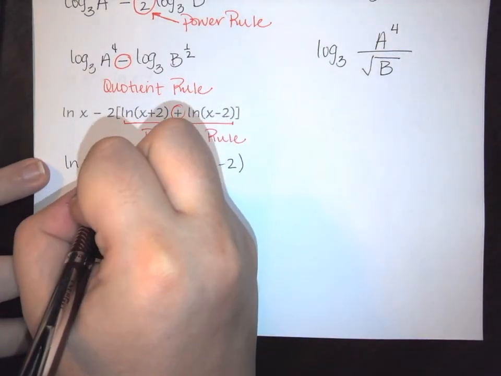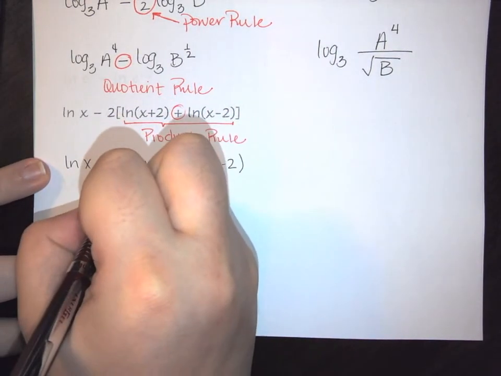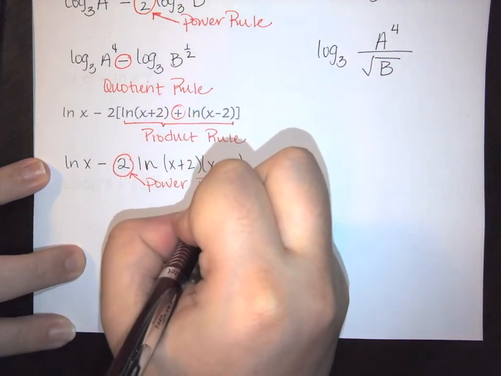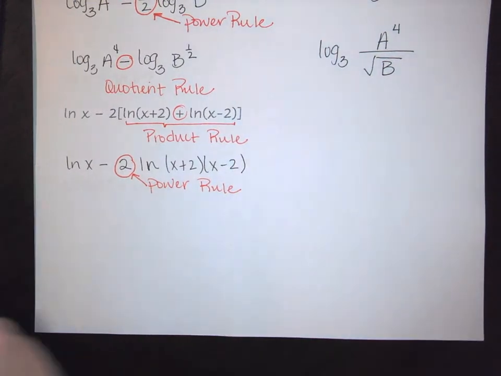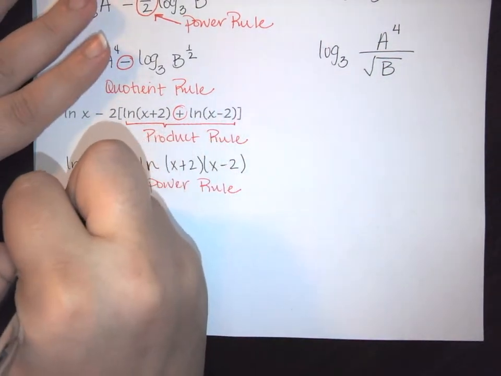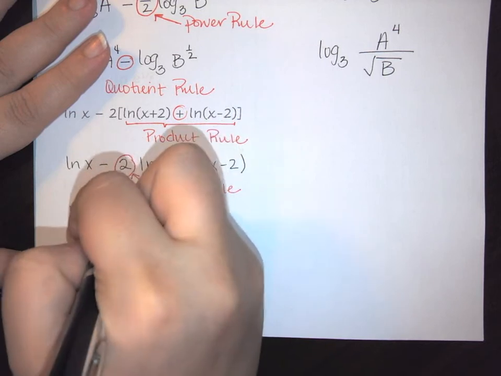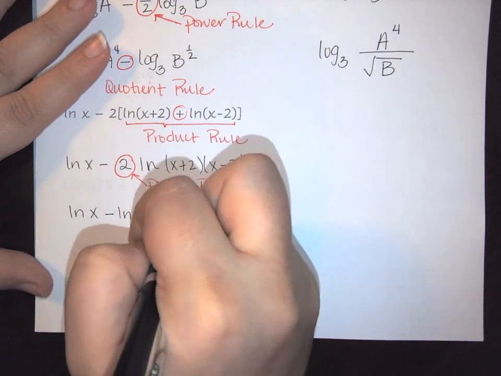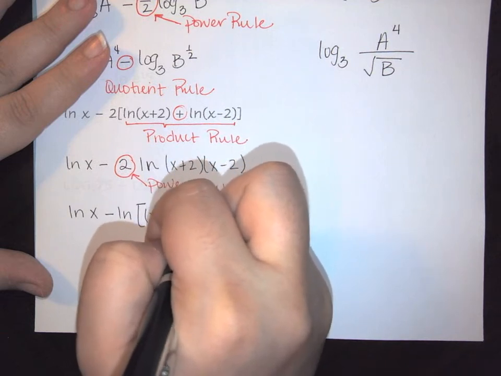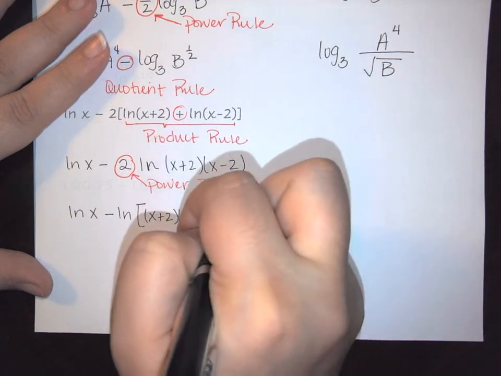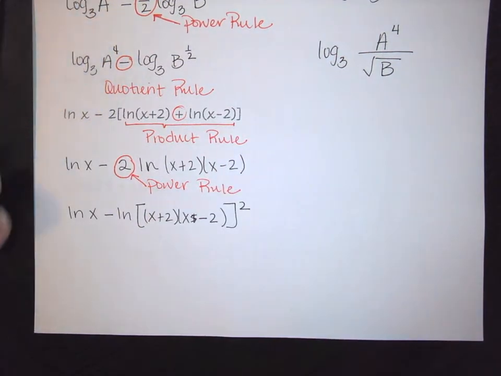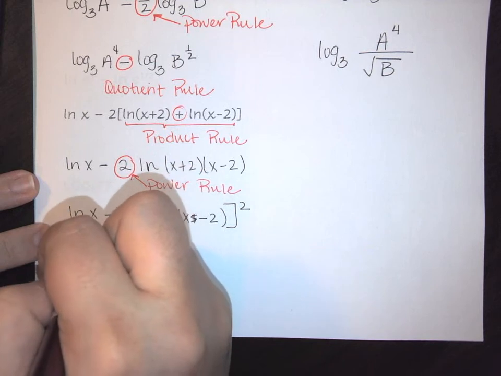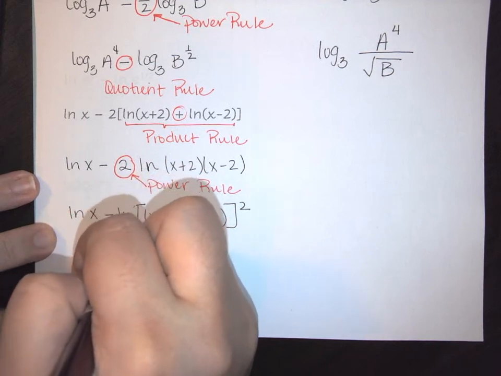If you look at this 2 here, this is going to be your power rule. And so here, this is going to end up being the natural log of x minus the natural log of x plus 2 times x minus 2, and then we're going to square it. This right here stands for your quotient rule.